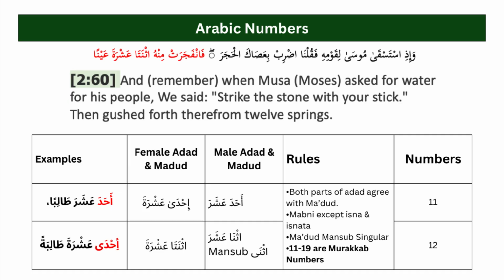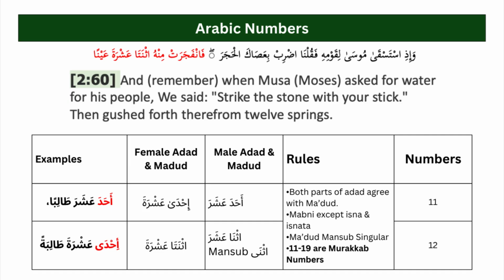Now the rule box gives 4 very important points. The first point is, both parts of the number agree with the madud. This is very important. So with 11 and 12, the number does not follow the 3 to 10 rule of gender opposition. Instead, the 2 parts of the number agree with the counted noun. That is why, with a masculine madud, the number is masculine.